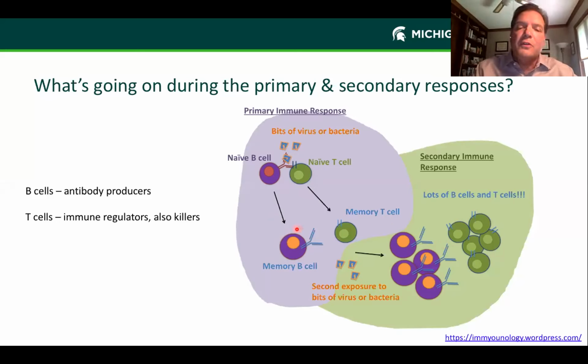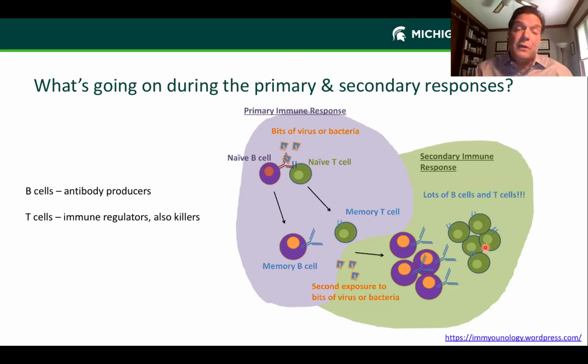And now in the secondary immune response, these memory B cells and memory T cells expand to very high levels. So now we have memory B cells that are expanding, so we have many more of them, and they are producing highly specific, high affinity antibodies against the original virus the next time it's exposed to that virus. The same thing happens with T cells. They expand.